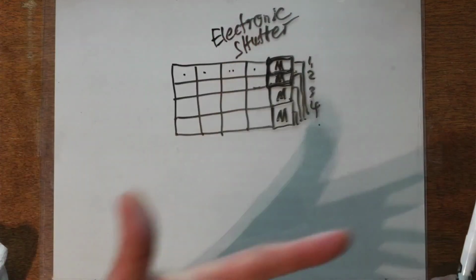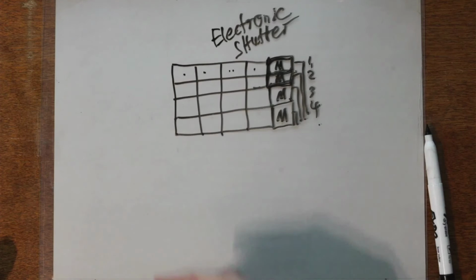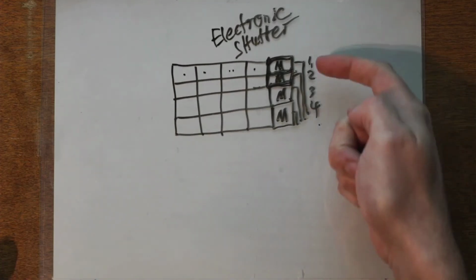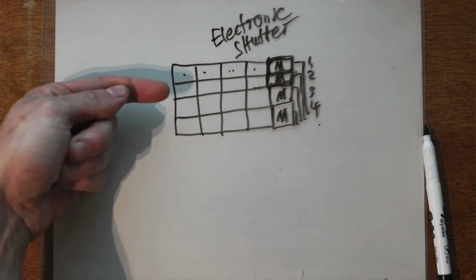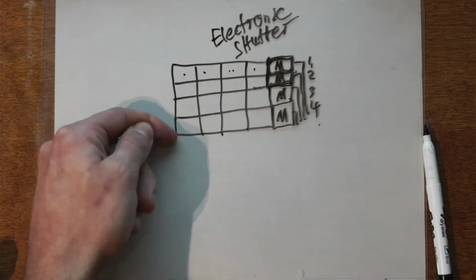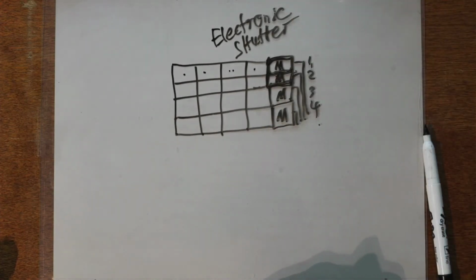You may have seen photos online of like a propeller on an airplane where it looks all wobbly. That is because we are reading these in order, and this is actually happening at a different time than this is, at a different time than this is, at a different time than this is. And when you go down thousands of lines, that becomes an appreciable amount of time.